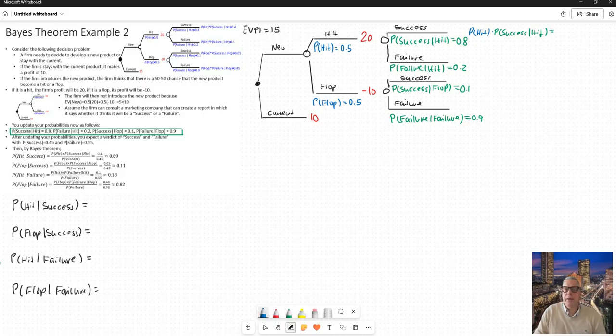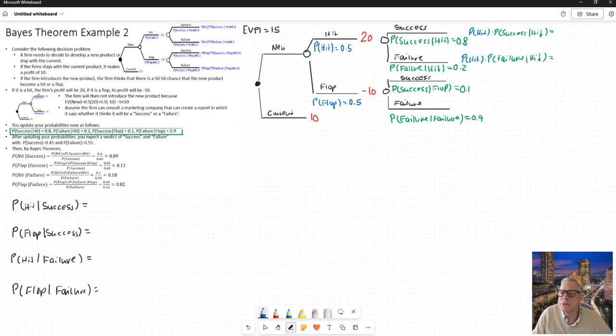Then here you approach the marketing company with an initial probability of hit times the probability now that they come back with a failure given hit, and you see the difference to perfect information. And so we multiply this through. You approach a marketing company with a 50% probability of flop, and then you think there's a 10% probability they come back with a success verdict.